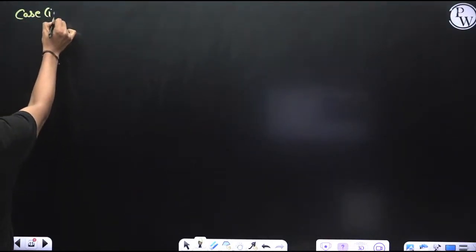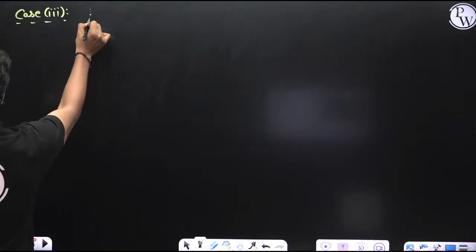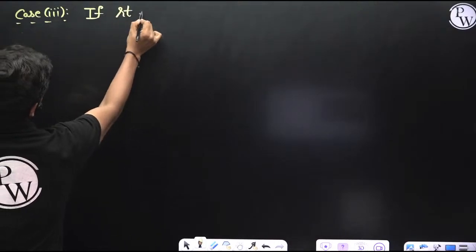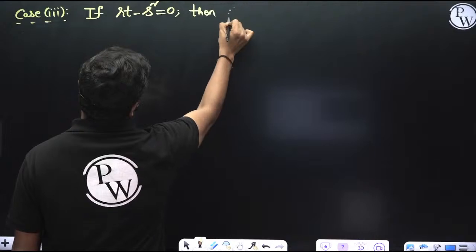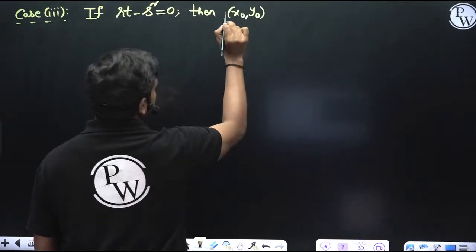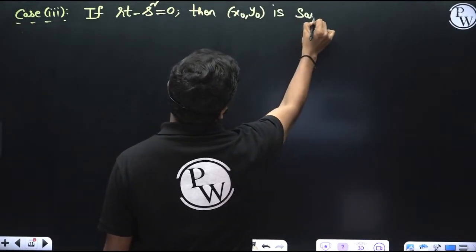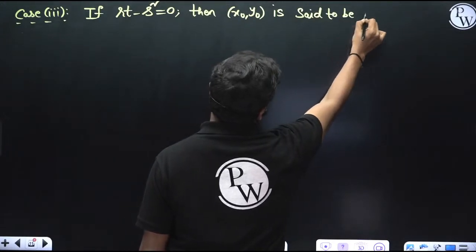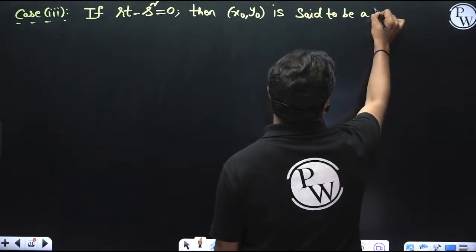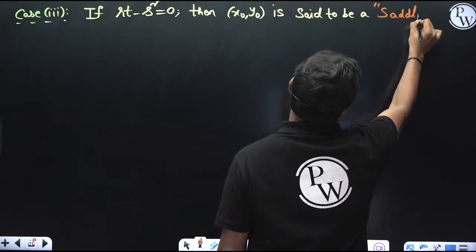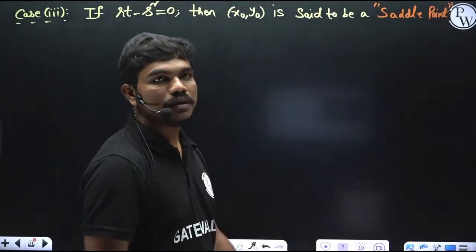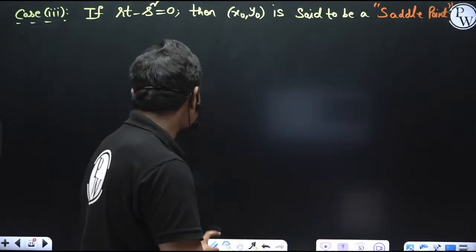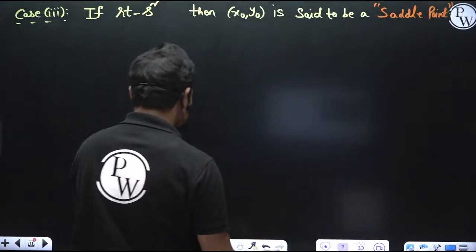Then case 3, if rt minus s square is negative, please correct this, it is negative.